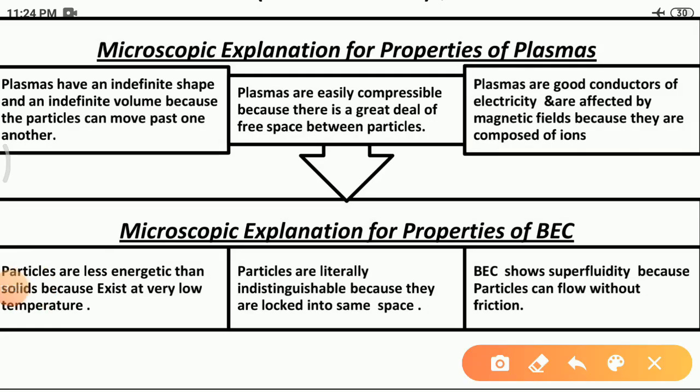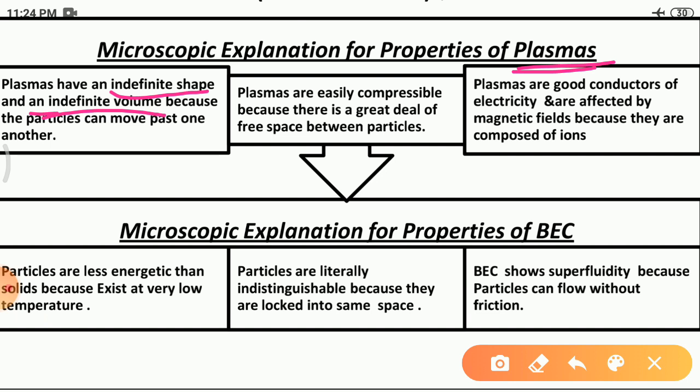Now we will study the microscopic explanation for properties of plasma and Bose-Einstein condensate. First we will study plasma. Plasmas have an indefinite shape and indefinite volume, because the particles can move past one another.